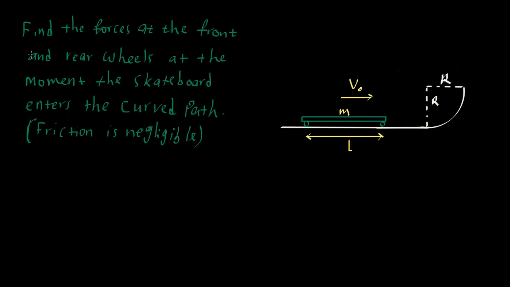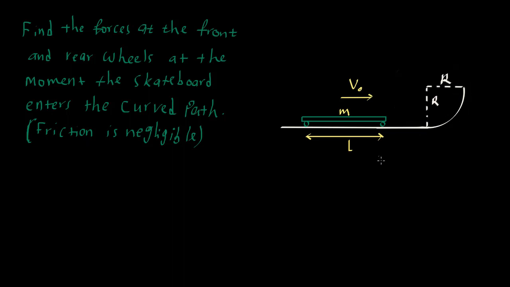So the question is: find the forces at the front and rear wheels at the moment the skateboard enters the curved path. Friction is negligible. So we have a skateboard here. It's just going with the constant velocity of v0 to the right. It has a mass of m, length of l, and at this point here we have a quarter of a circle.